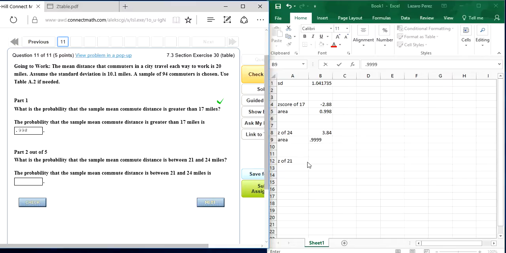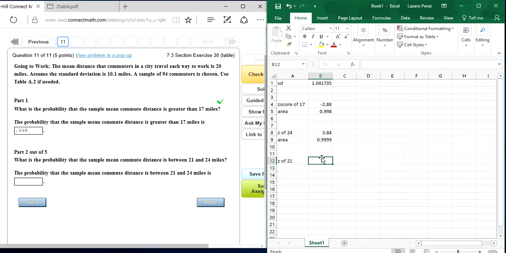Alright, and then for 21, the z-score equals 21 minus 20 divided by the standard deviation.